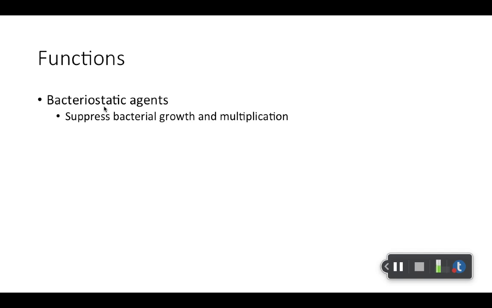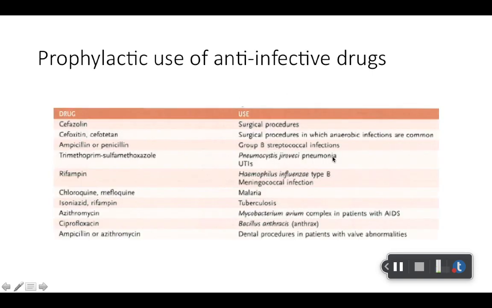So they are not bactericidal. They don't actually kill the microorganisms. But they're beneficial in that they stop the proliferation of the bacteria, for example, and then it allows your immune system to come in and fight it off. So you can kind of think of it as halting the progression or halting the spread of a microorganism.